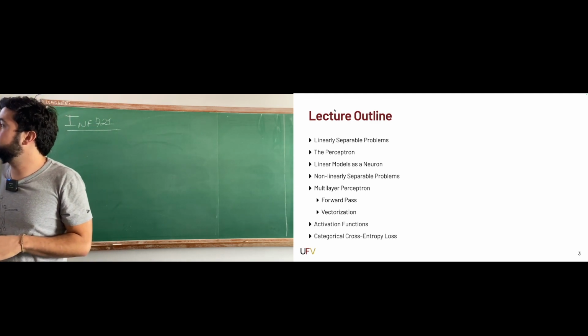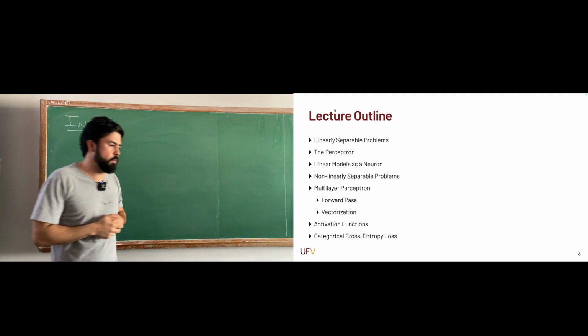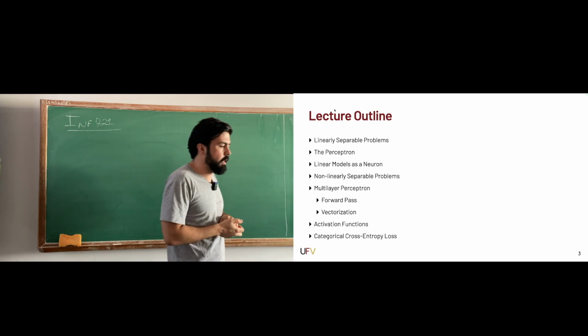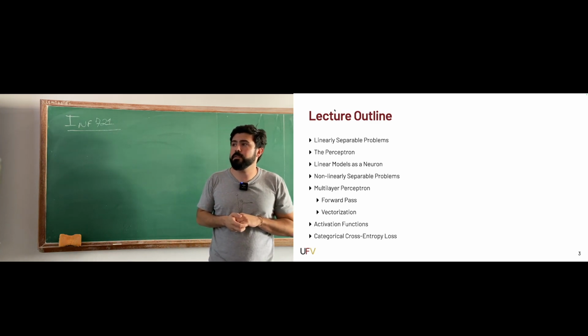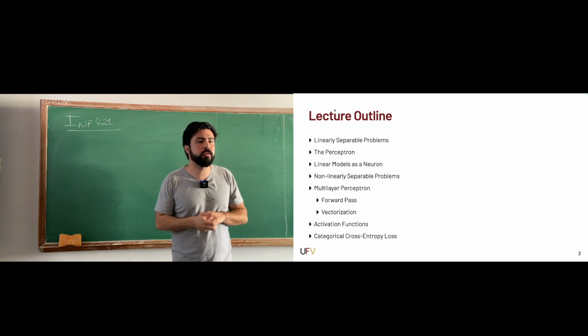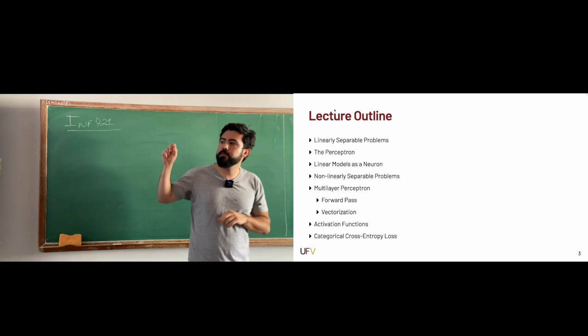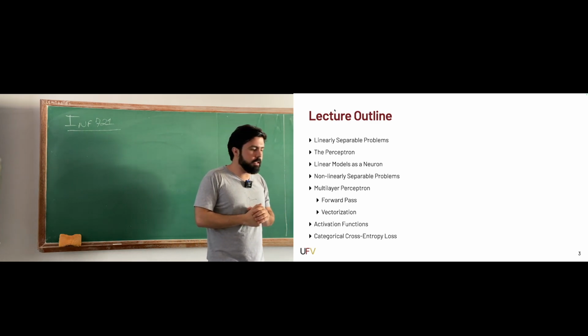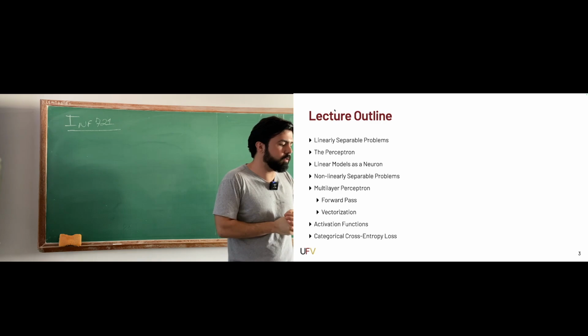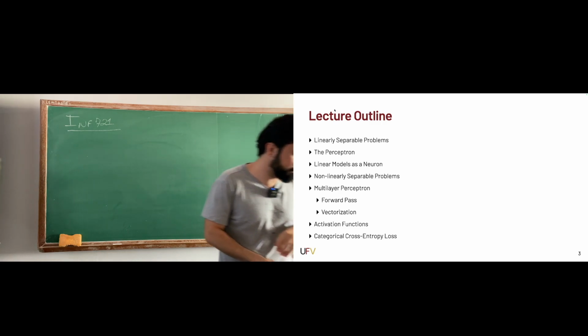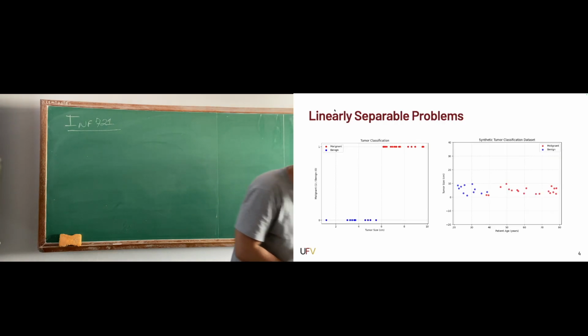We're going to discuss different activation functions we can use with these networks, and finally how to deal with multi-class classification algorithms. And then for that we're going to need a variation of cross-entropy loss, which is categorical cross-entropy.